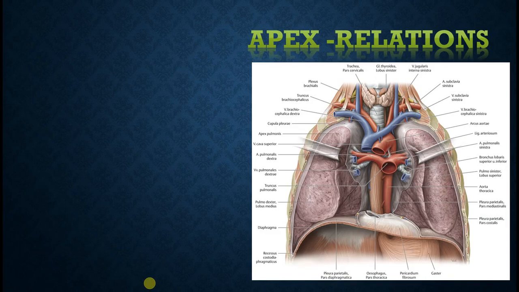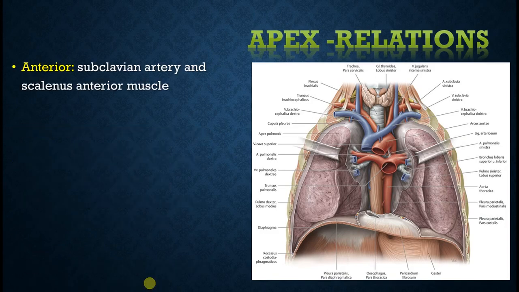So now you are able to see the apex. Anteriorly, the apex of the lung will be related to the subclavian vessels, mainly the subclavian artery behind and the subclavian vein in the front. Both sides it is the same, and also the insertion of scalenus anterior muscle.